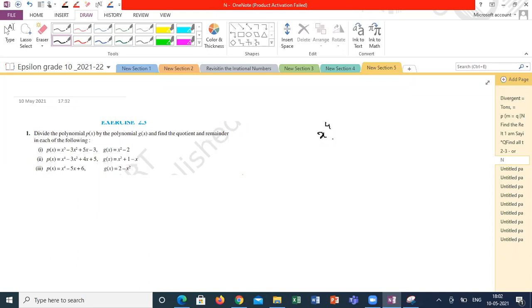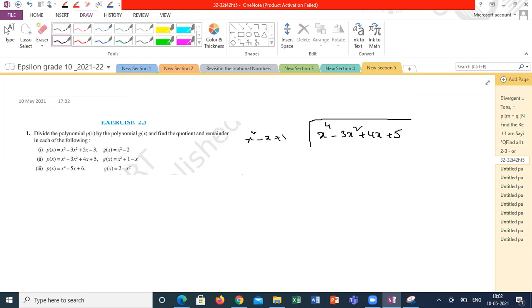x power 4 minus 3x square plus 4x plus 5, divided by x square minus x plus 1. The order of the terms is very much important.